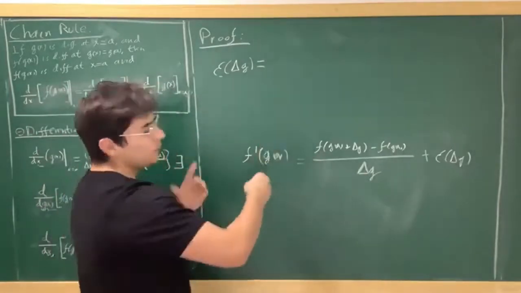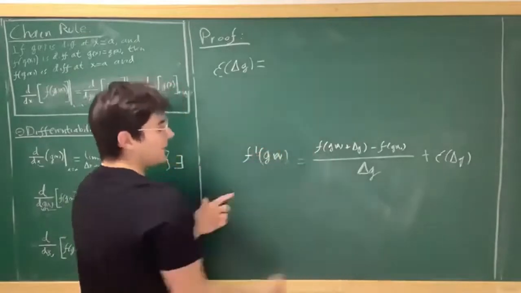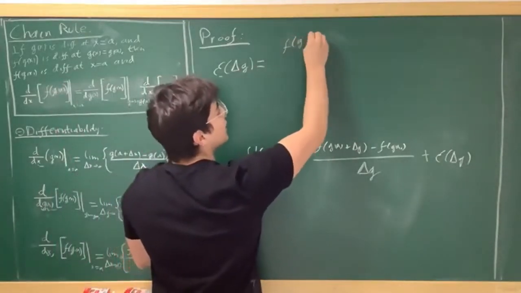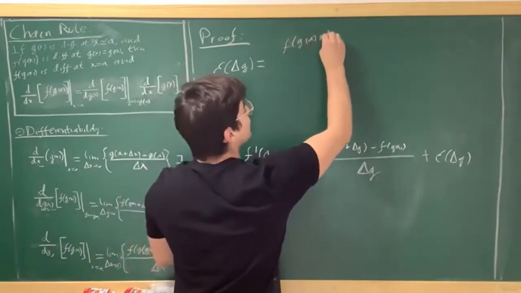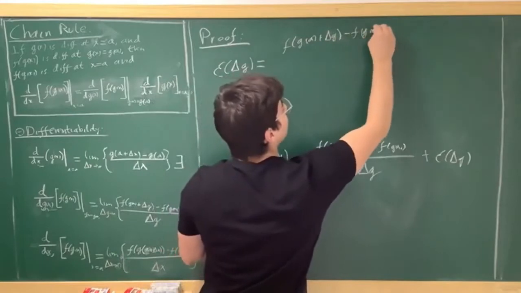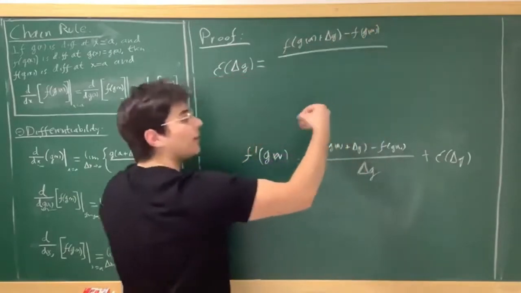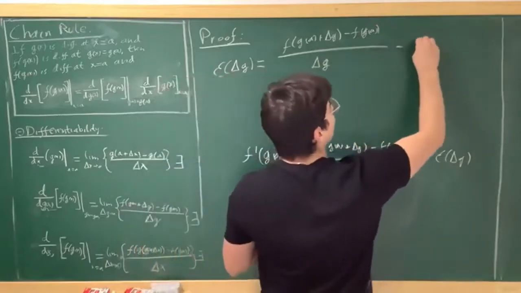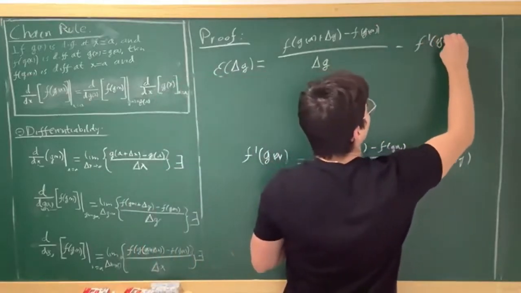For example, let's just do it. We're going to be defining this as f of g of a plus my increment in g minus f of g of a, over my increment in g, minus f prime of g of a.